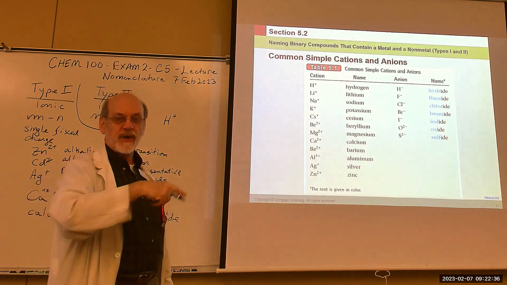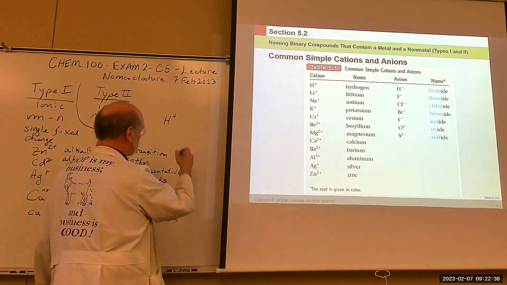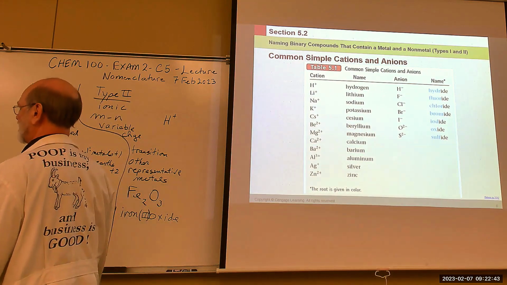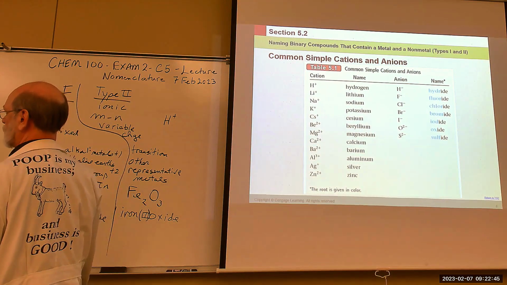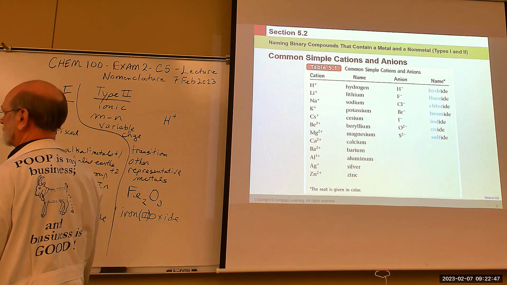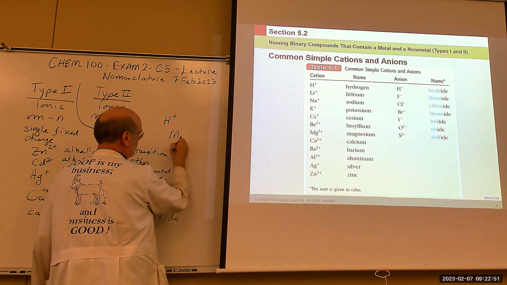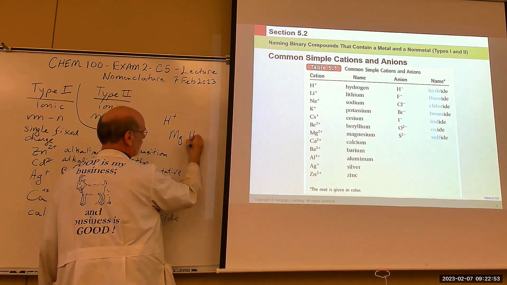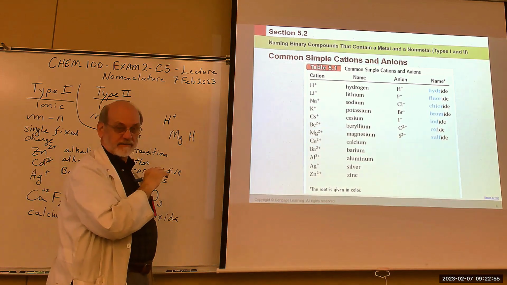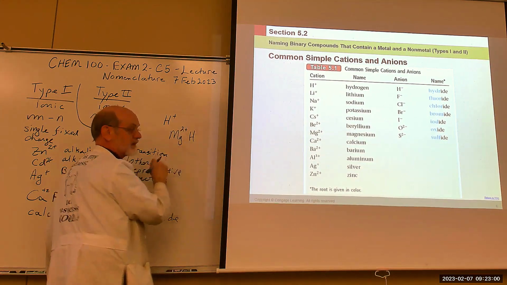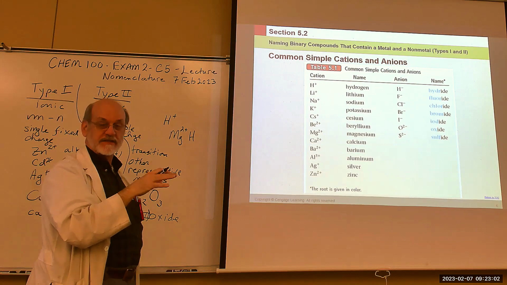then the hydrogen occupies the anion position, such as, let me think of a good one. How about this one? The magnesium hydride. We know that magnesium is a 2+ charge, right? It's fixed, makes it a type 1 compound.